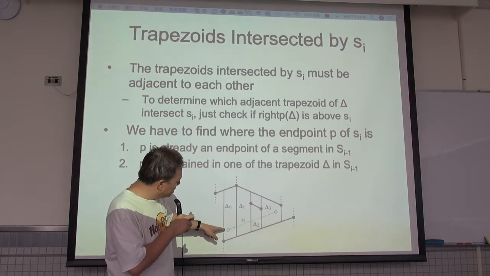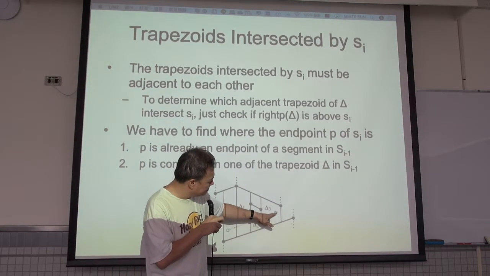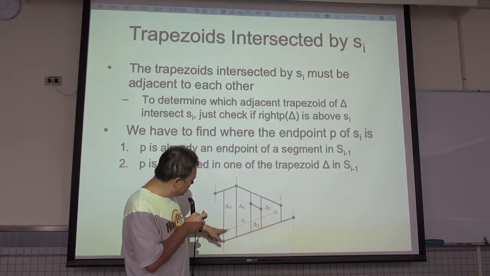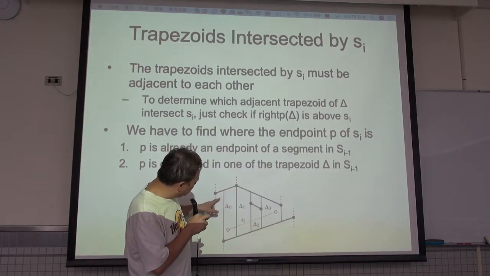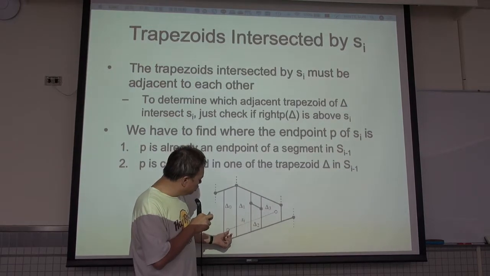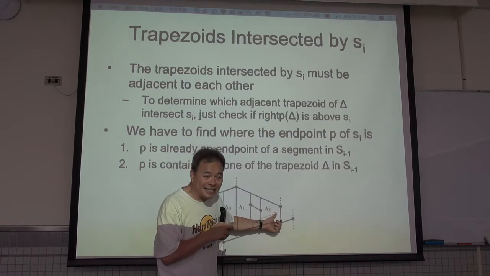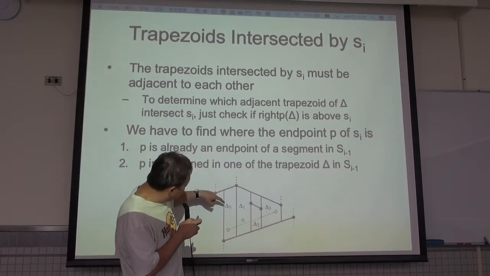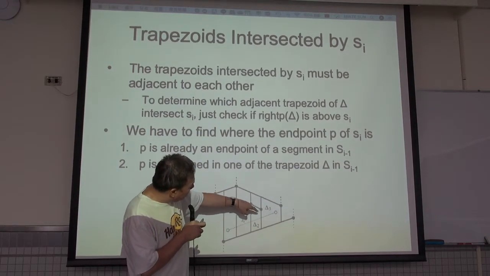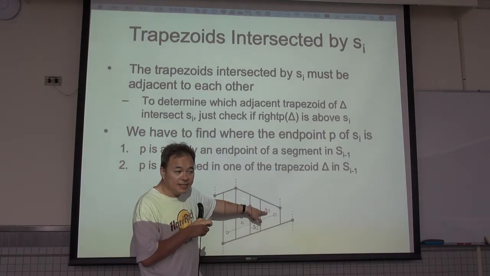You can see this is the segment Si I'm trying to add, and all the trapezoids that this additional segment is going to affect are adjacent to each other, right?